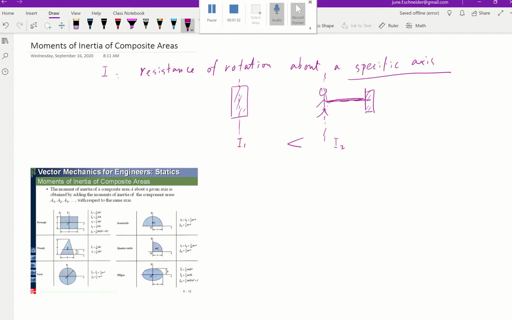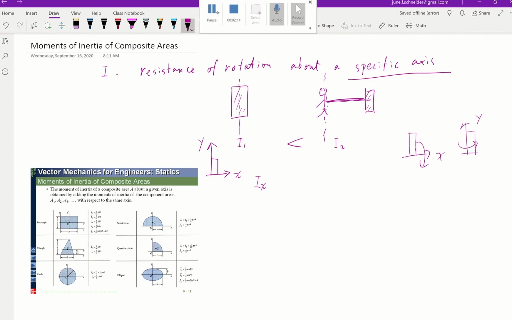When we're talking about resistance, now we're going to look at a formula for Ix. Say you want to find something rotating about the x-axis, for example, a rectangle shape. My x-axis happens to be at the base, and my y-axis is the left edge. Rotating about x goes in one way, and rotating about y goes in a different way, Iy.